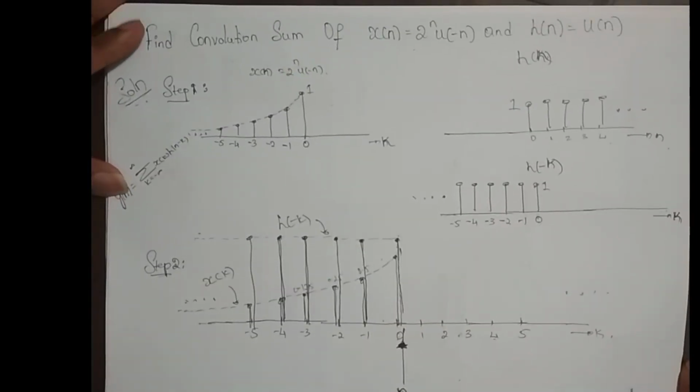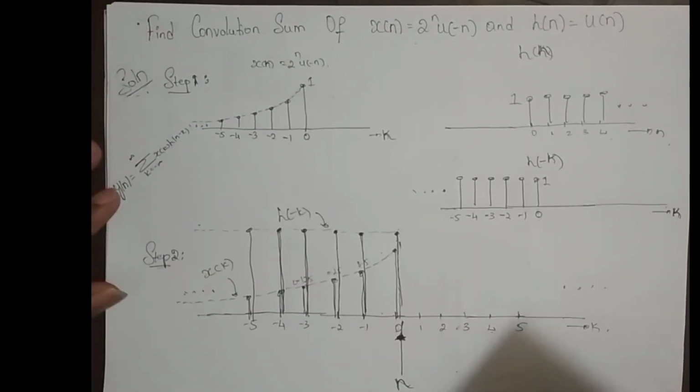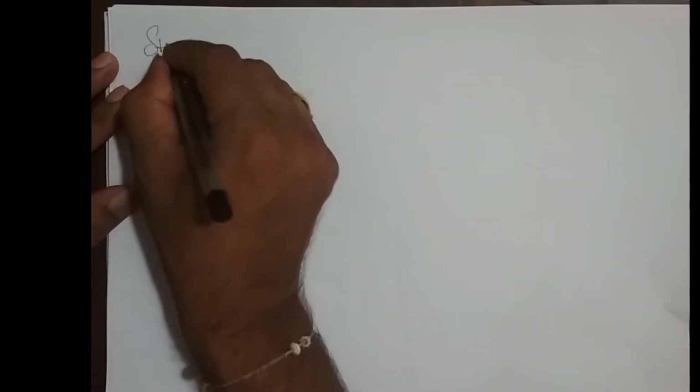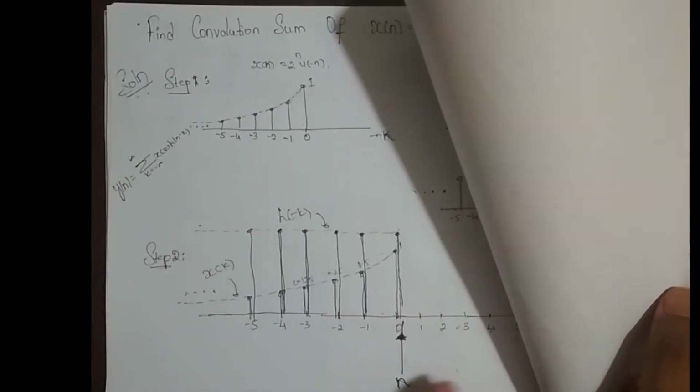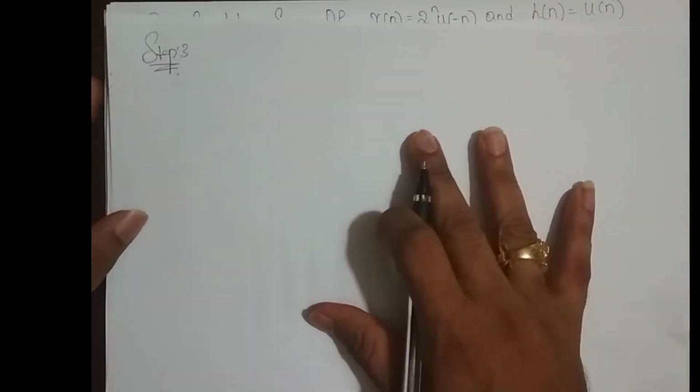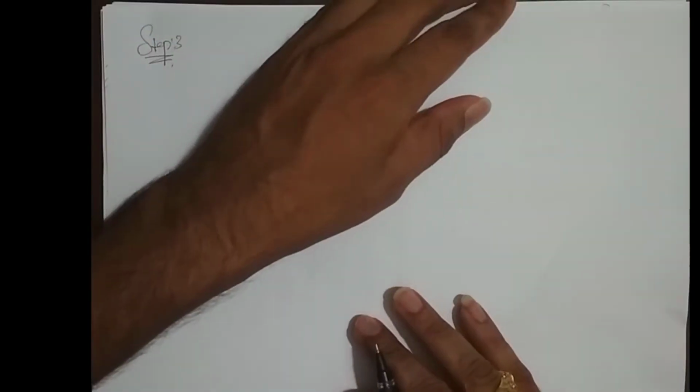We come back to the problem. Now we'll have step 3. What is step 3? I need to move the h of minus k sequence from minus infinity to plus infinity, and I have to check for those overlap regions, right?